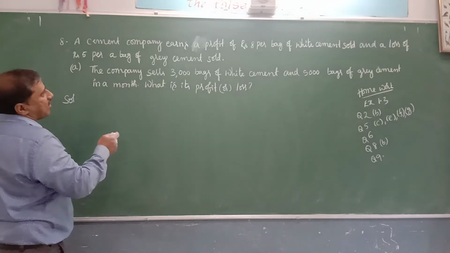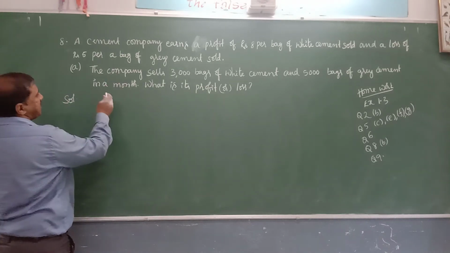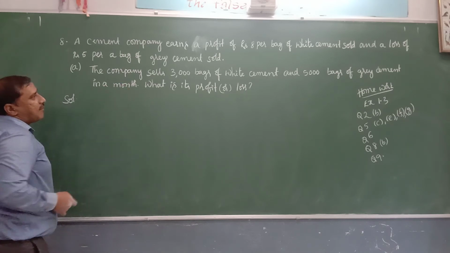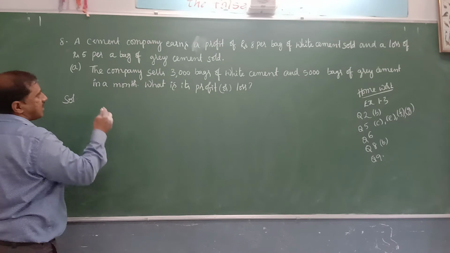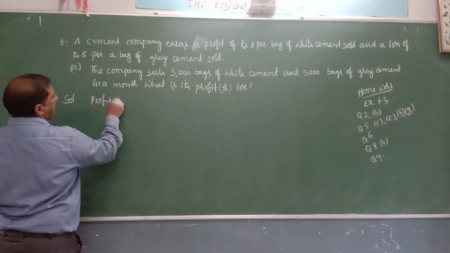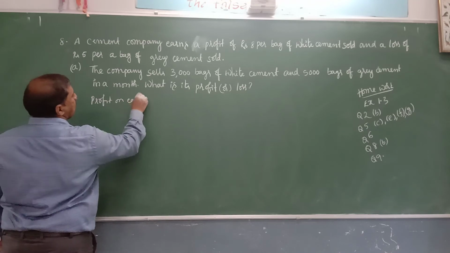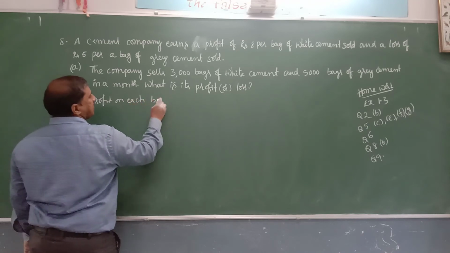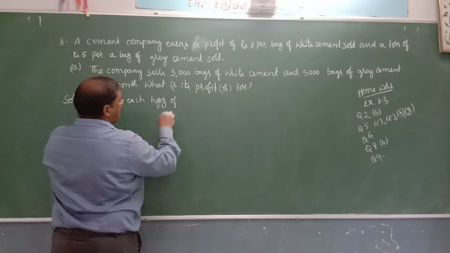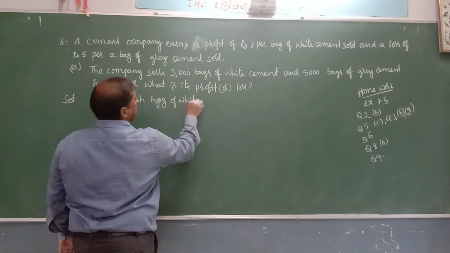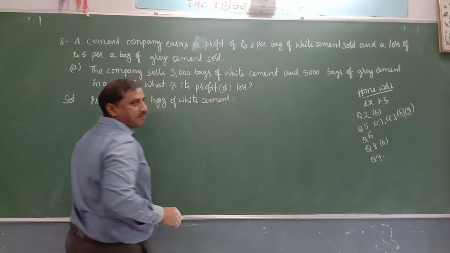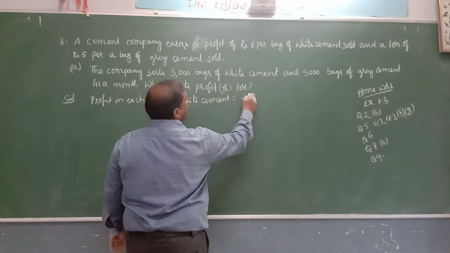What is the profit on white cement? It is 8 rupees, and 3,000 bags were sold. Profit on each bag of white cement: profit means we represent with a plus, therefore it is plus 8 rupees.